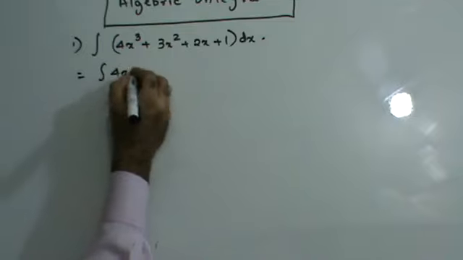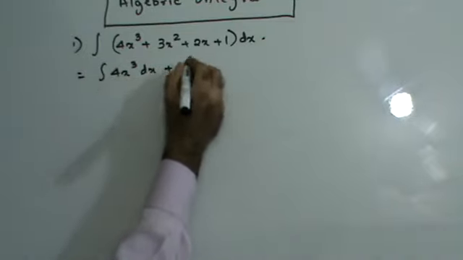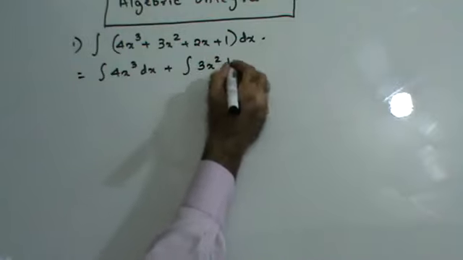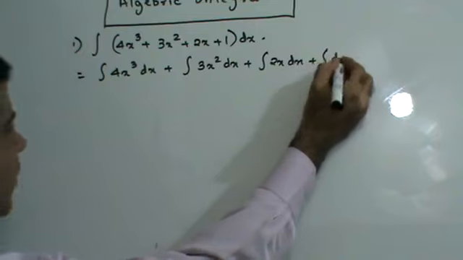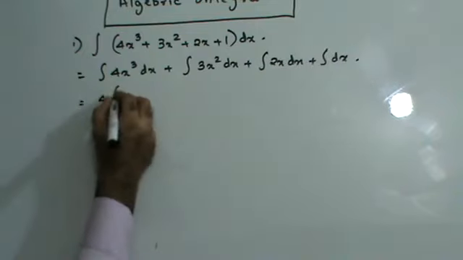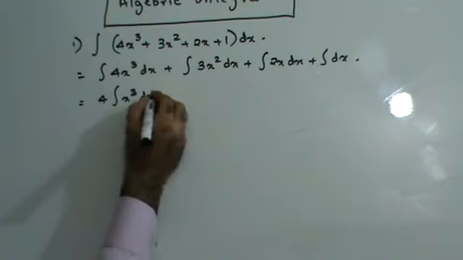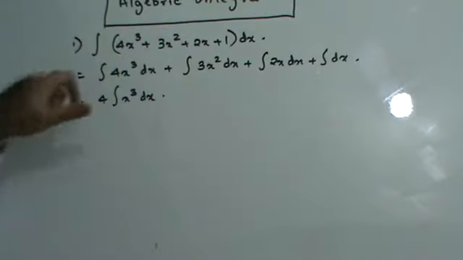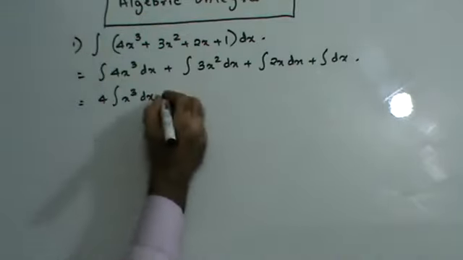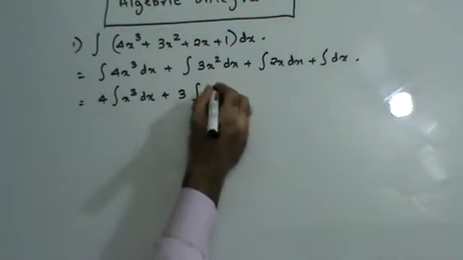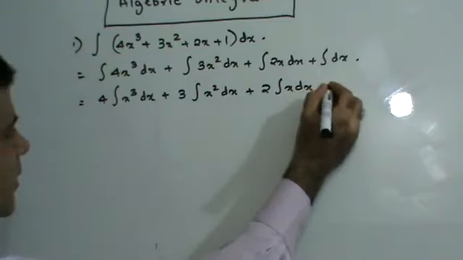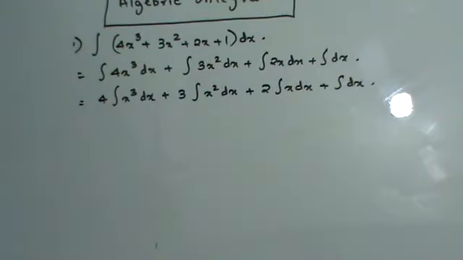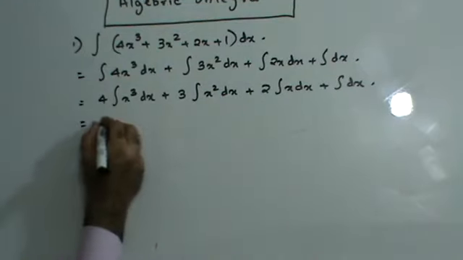So this will be the integral of 4x cube with respect to x plus the integral of 3x square with respect to x plus the integral of 2x with respect to x plus the integral of dx. 4 is a constant, so whatever is constant comes outside the integral sign: 4 times the integral of x cube with respect to x, plus 3 times the integral of x square with respect to x, plus 2 times the integral of x with respect to x, plus the integral of dx. I have just given you the formulas. You will have to use the formula and solve them.